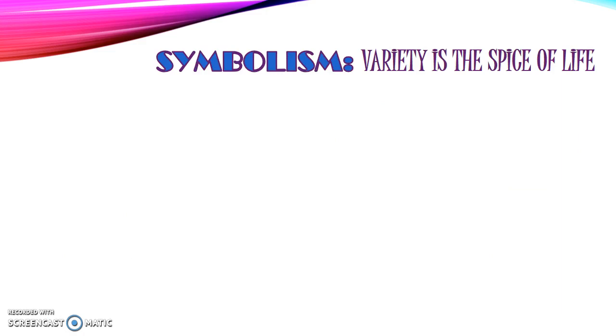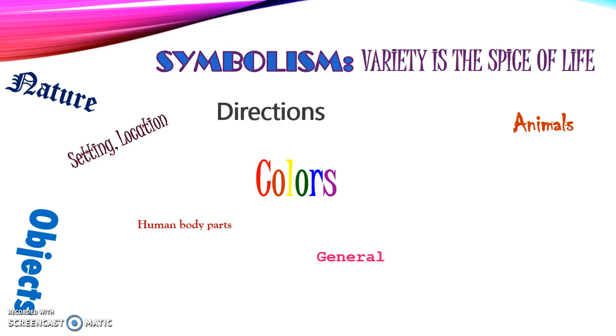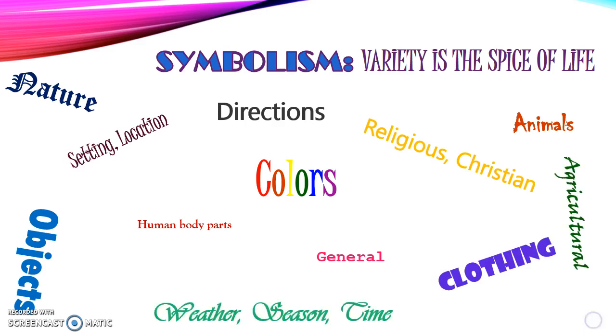You can find symbols everywhere, in colors, animals, objects, nature, setting or location, human body parts, general symbols, directions, north, south, east, and west, religious symbols or Christian symbols, clothing, agriculture, the weather, whether it's raining or snowy outside or really bright and sunny, the seasons, fall, spring, winter, summer, time of day, whether it's nighttime or early morning.